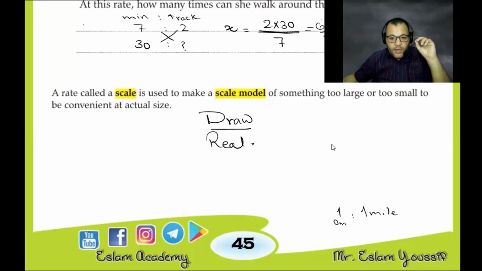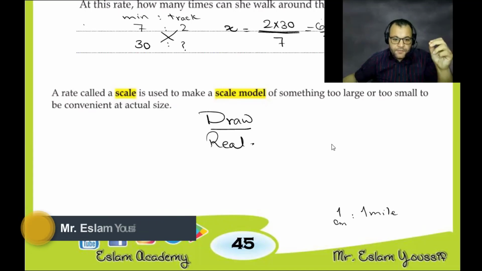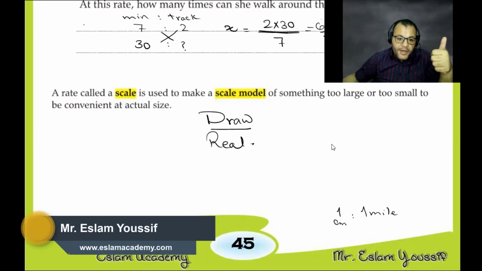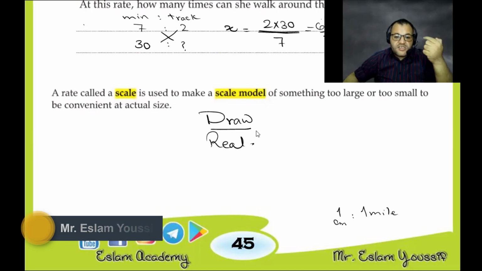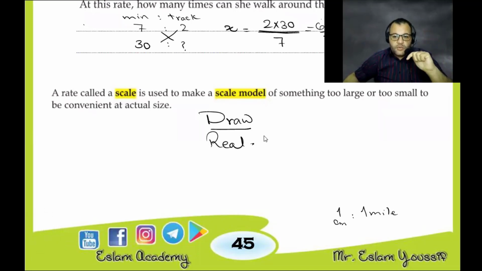What is the meaning, again, of the scale model? The ratio between the drawing and the reality. So if the drawing is smaller than the reality, it means we reduce the figure. For the map, if you want to draw Saudi Arabia, you know the space for the area of Saudi Arabia.